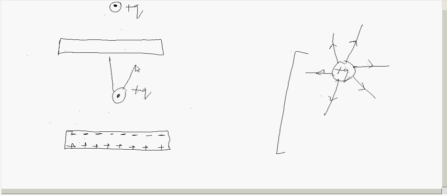These field lines will be moving away from the positive charge, and whatever field lines fall on the conductor will be at 90 degrees to its surface. So they will start here and end so that when they fall they will be normal to the surface.